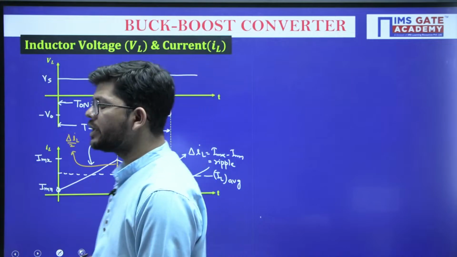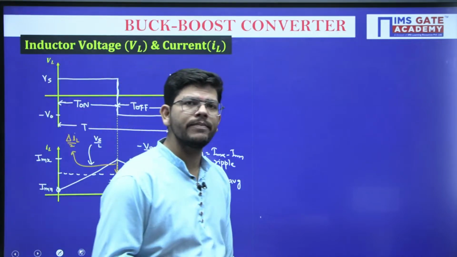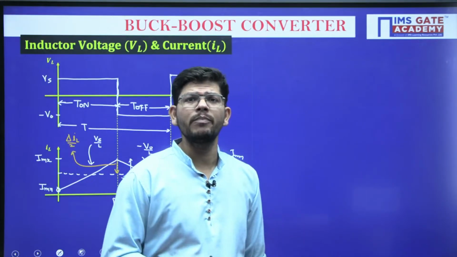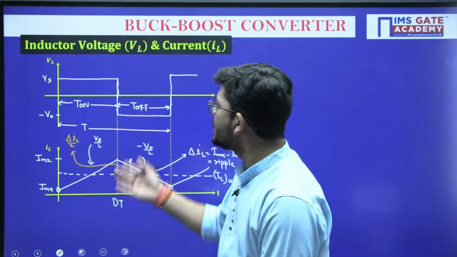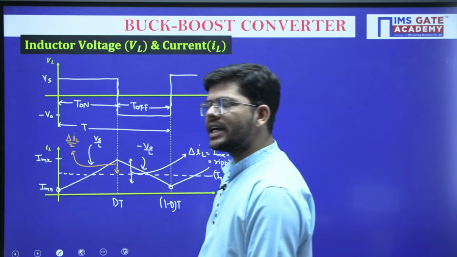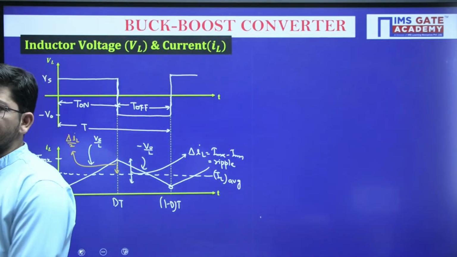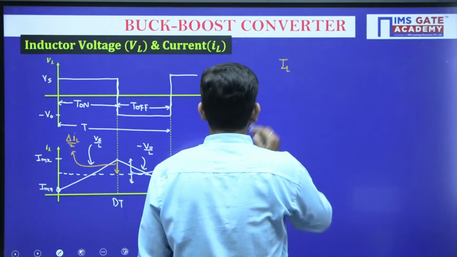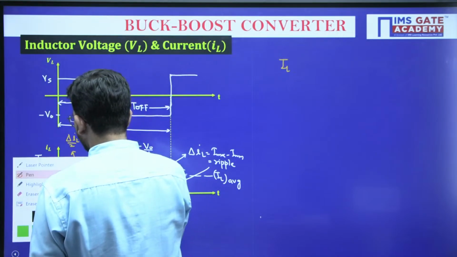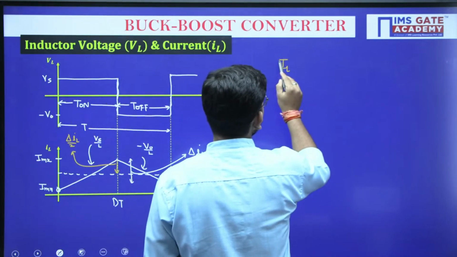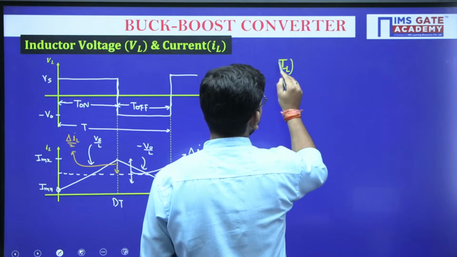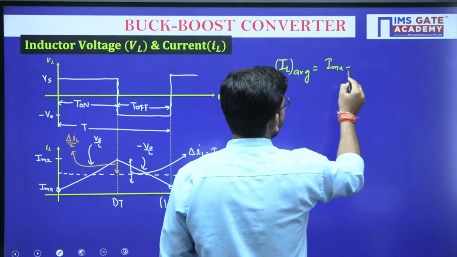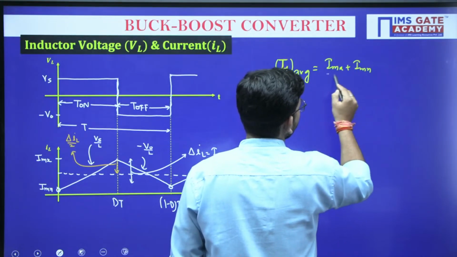Whatever we have obtained through equations 1, 2, 3, 4, we have discussed what is happening in the on position and what is happening in the off position, and through that, if we plot, this is what we get as inductor voltage and inductor current. How can we write the average inductor current? IL average is I max plus I min divided by 2.